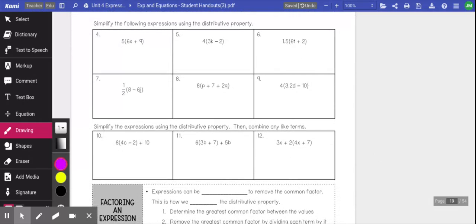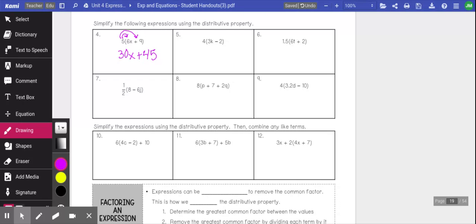And this can work even if we have terms that have a coefficient. So another example on number 4, I'm going to go ahead and show. We could do 5, distributing that to all the parts inside. 5 times 6x, which would be 30x. And then the second part of that would be 5 times 9, which is going to give us 45.